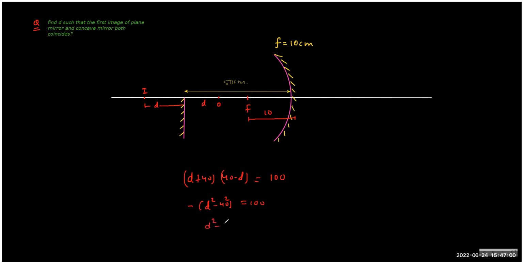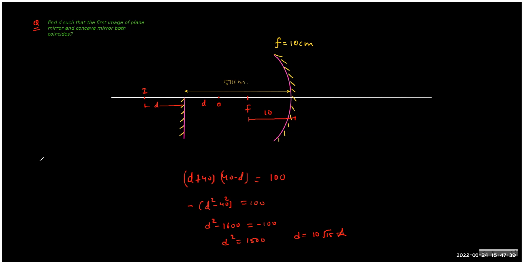So D square minus 1600 is how much? Minus 100. So D square turns out to be 1500, right? So D is under root of 1500, or you can say 10 root 15, right? Roughly this turns out to be slightly less than 40. It should be somewhere there. Alright, so this is the answer.